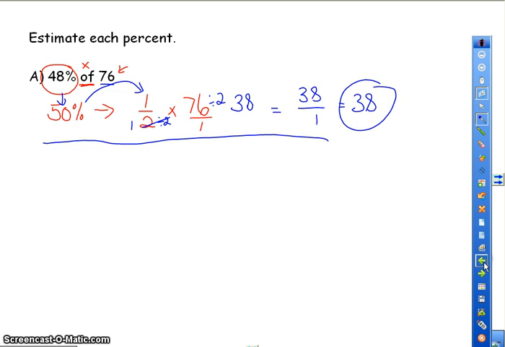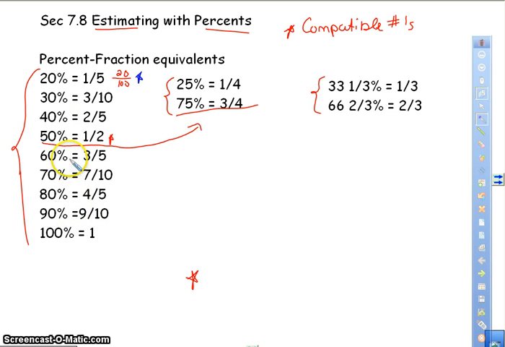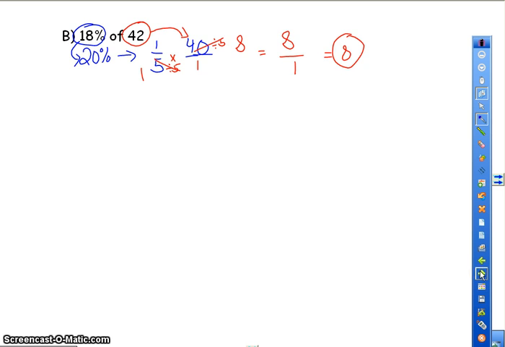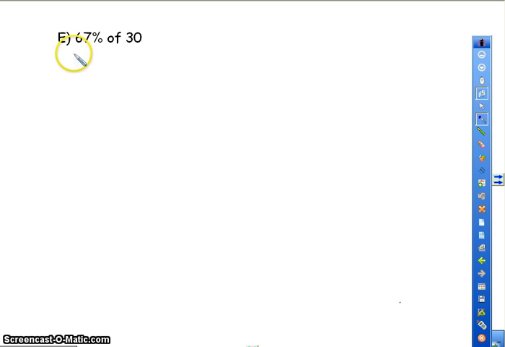Last one, 67% of 30. If I look back at 67%, what's going to be closest? Well, 70 is close, but 66 2/3 is the closest. So I'm going to change 67% to 66 2/3%, which is the fraction 2/3.